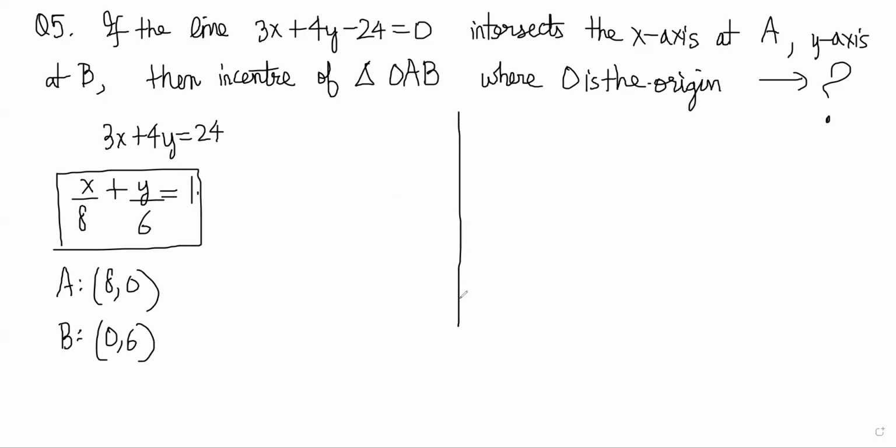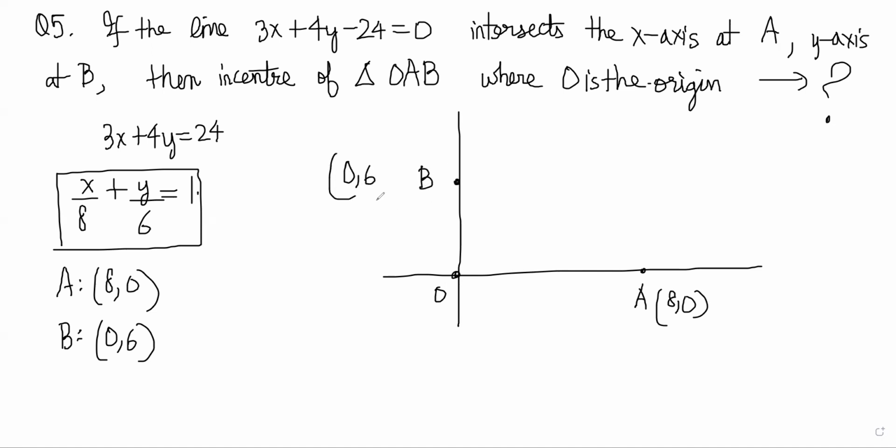So A is somewhere here, 8, 0, O is here, and B is here, 0, 6. Notice that this is a right angle triangle, and we already know the third side also. This side is 8, this side is 6, this side is 10, right?